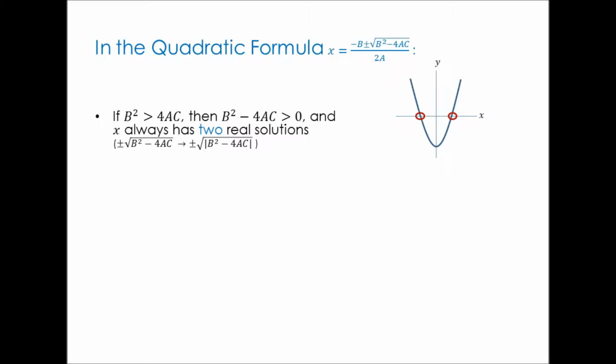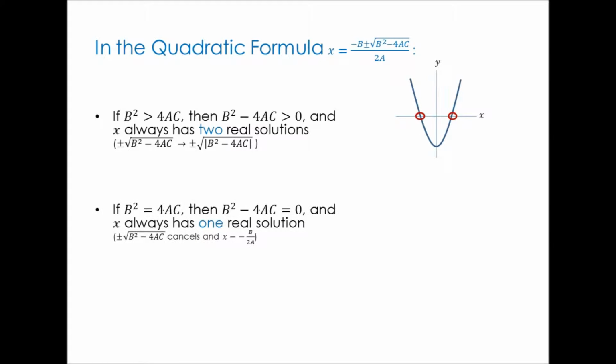Second, if b squared equals 4ac, then b squared minus 4ac inside the radical must equal 0, so the radical must also equal 0. This implies that there can only be one real solution, because in the formula we have negative b plus or minus the radical expression all over 2a, and since the radical is 0, the formula reduces to x equals negative b over 2a, being however only one solution.